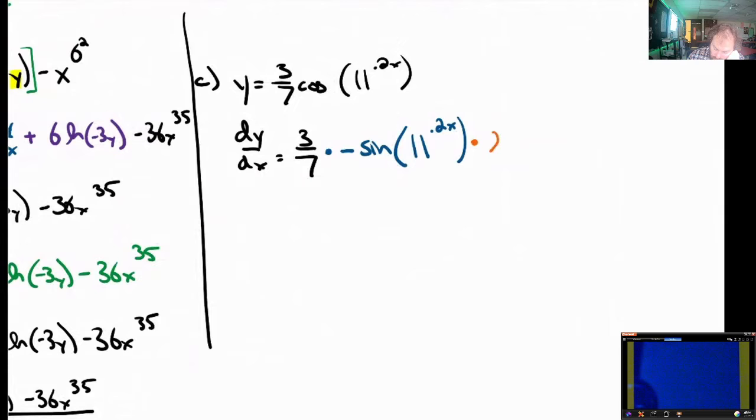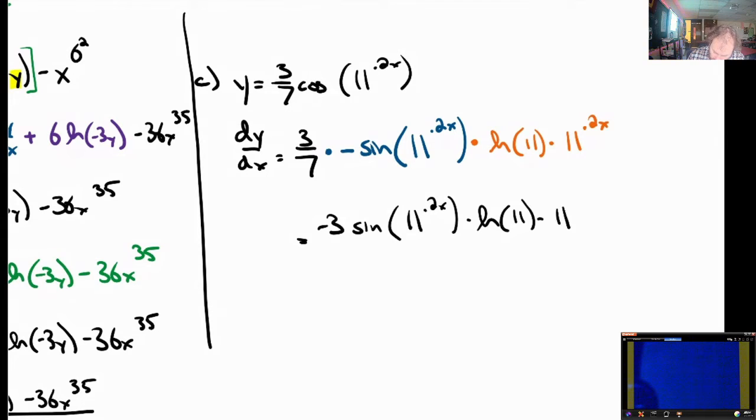It's going to be the natural log of 11 times 11 to the 0.2x power. And this is all just multiplied together, so we can simplify as much as we want to. How about negative 3 sine of 11 to the 0.2x power times the natural log of 11 times 11 to the 0.2x power, all over 7? How about that?